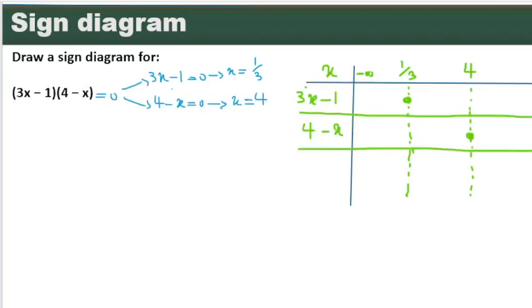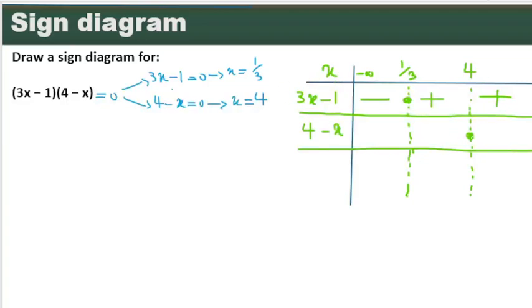The coefficient of x here is positive, so the opposite would be negative. And larger than this critical point would be the same as the sign of the coefficient of x.